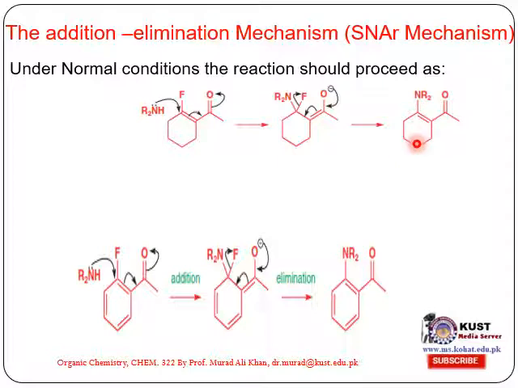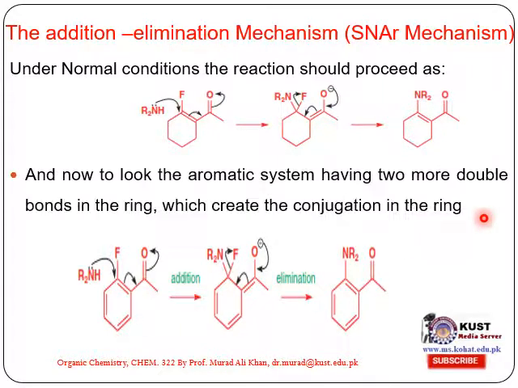But in the case of benzene, it is not similar to this, having two more double bonds in the ring which create conjugation in the ring. So here an addition will occur and the double bond will migrate to the carbonyl carbon, and then elimination will occur and the fluorine will be removed.